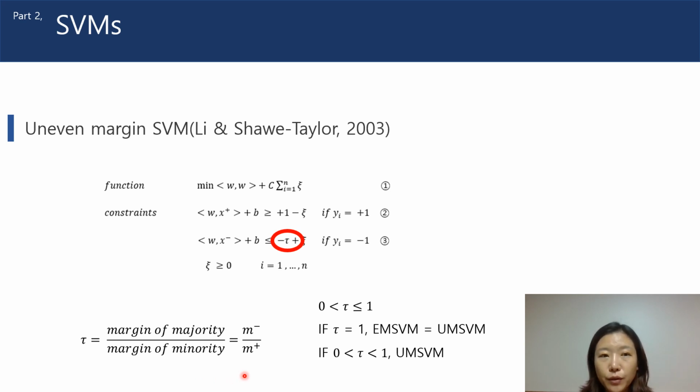Tau is a value greater than 0 and less than or equal to 1. If tau is 1, EMSVM is the same as UMSVM. If tau is between 0 and 1, it means UMSVM.